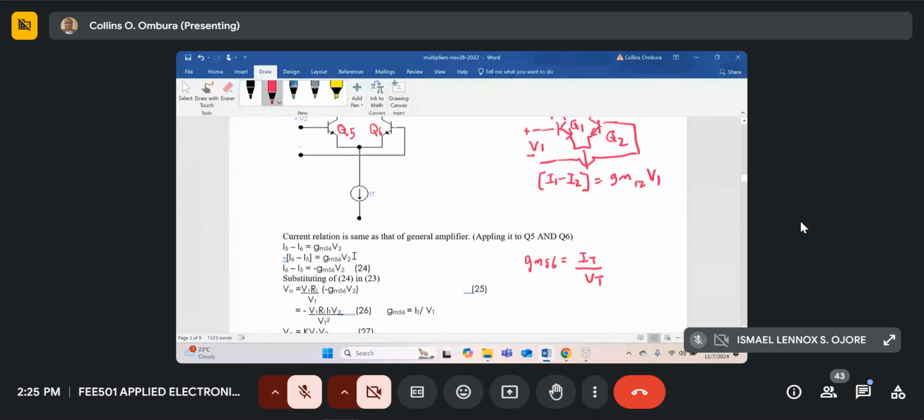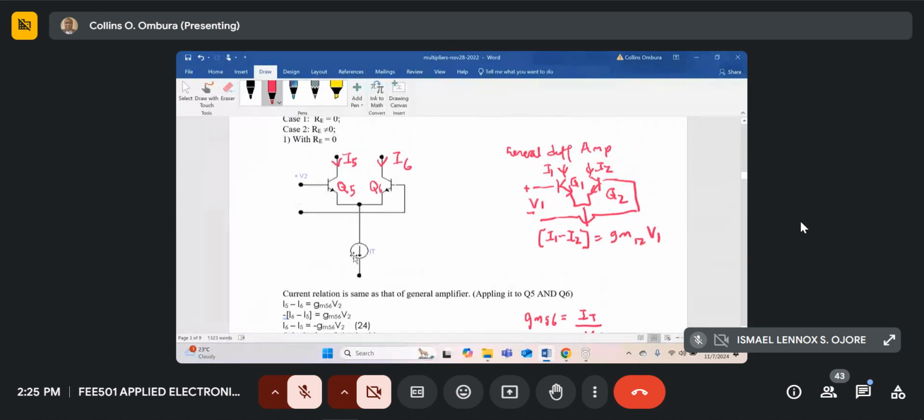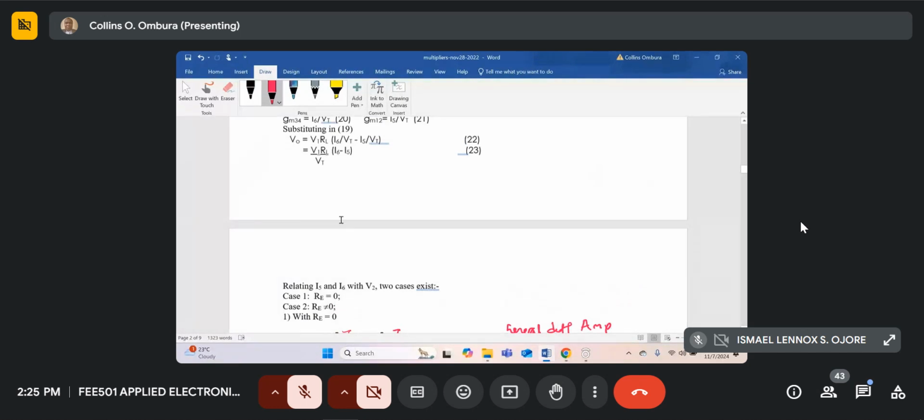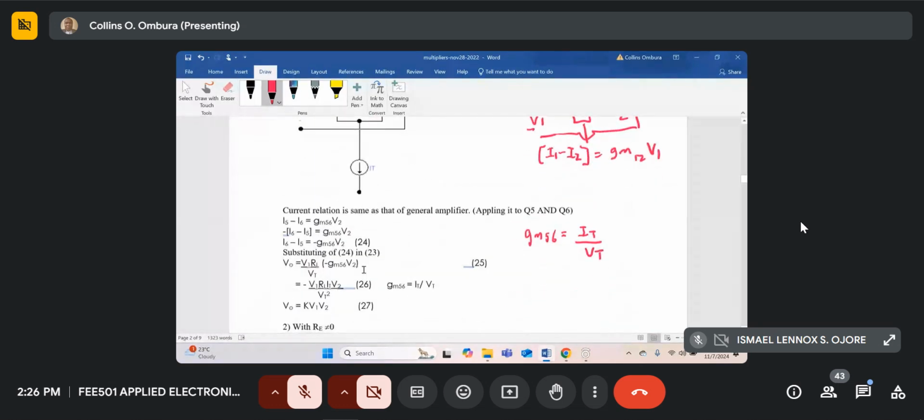Now, in our equation, we want I6 first over here in 23 minus I5.